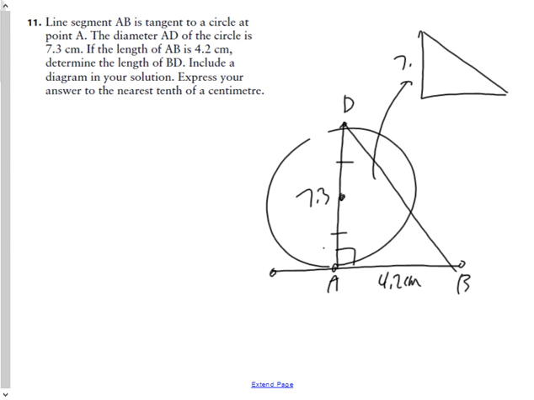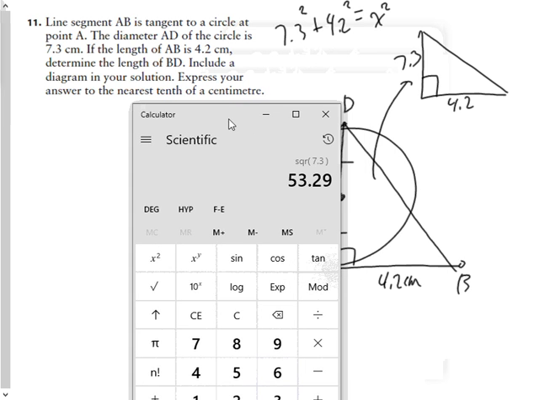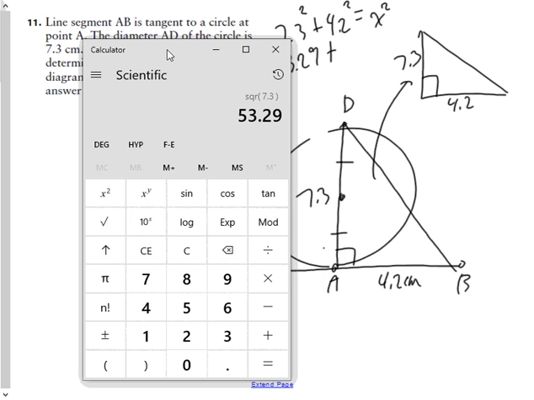7.3 up here, 4.2 right here, and a 90-degree angle there. We're going to probably use the formula for this because it doesn't lend itself really well to drawing. So a squared plus b squared equals x squared, or c squared, or the distance of BD. 7.3 squared is 53.29. 53.29 plus 4.2 squared, which is 4.42, I think.